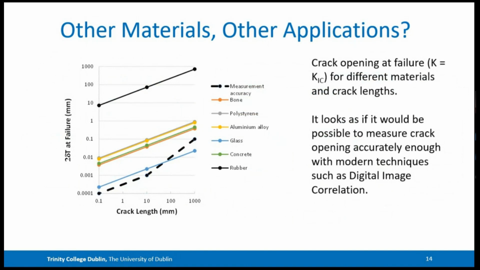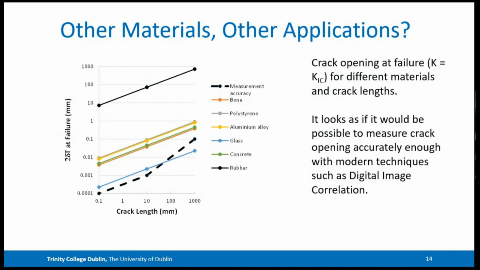So then we're just thinking about other materials and what kind of materials, what kind of situations would this approach be possible. What we're plotting here is the opening of the crack for cracks of different lengths, the opening of the crack just before it fails. Okay, so this is basically the maximum opening that you're going to see just before you reach the fracture toughness of the material and the crack propagates, right?